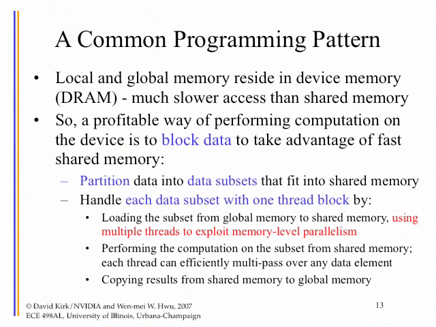So that's why you need to partition into data subsets, and you handle each data subset with one thread block only. And you load the subset from the global memory to shared memory using multiple threads to exploit memory level parallelism. Let's say if you have 256 data elements in your tile, instead of using one thread to load it 256 times, you should generate 256 threads.